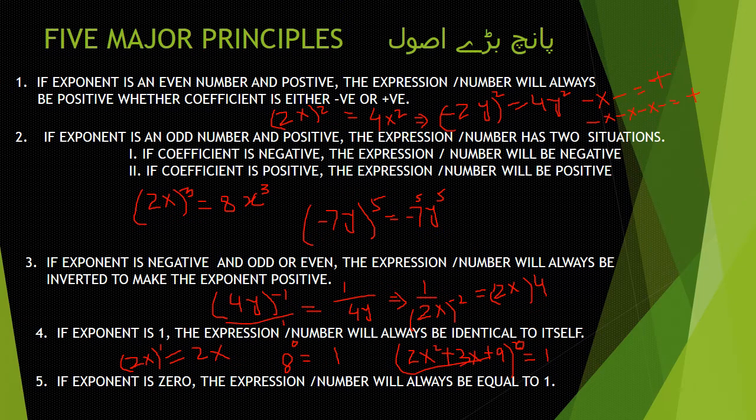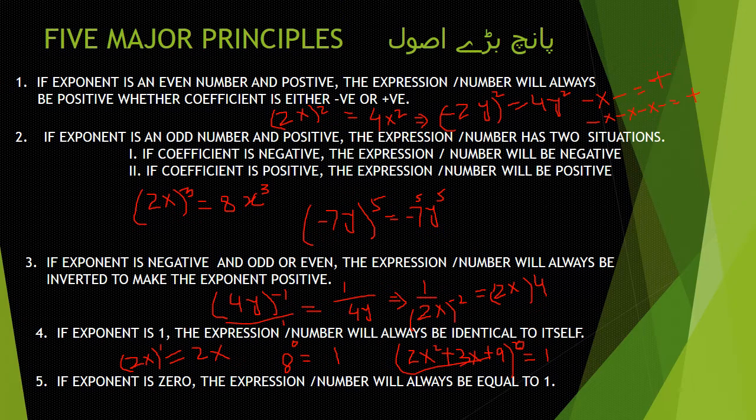How is it possible? Just think: minus multiplied by minus gives positive. Again positive is multiplied by minus, it gives minus again. Again minus is multiplied by minus, it again gives positive. So if minus is multiplied an even number of times, it always gives positive.